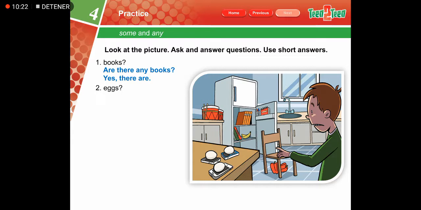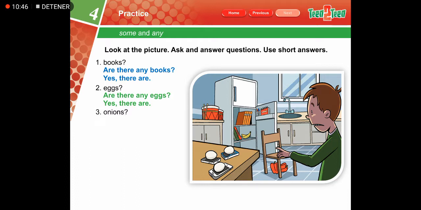Are there any books? Yes, they are. Now, X. Ahora, hagamos la pregunta. ¿Cómo diríamos entonces? Are there any eggs? Entonces miramos que sí hay, ¿verdad? So, yes, they are. Are there any eggs? Yes, there are. Onions.